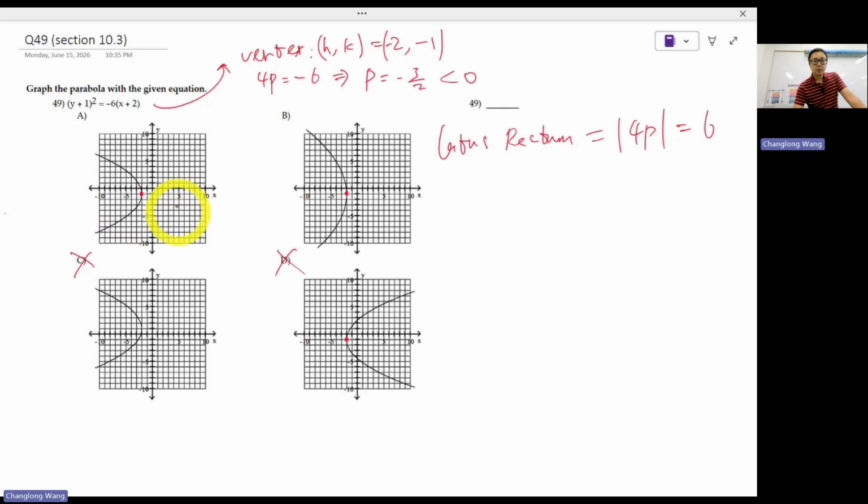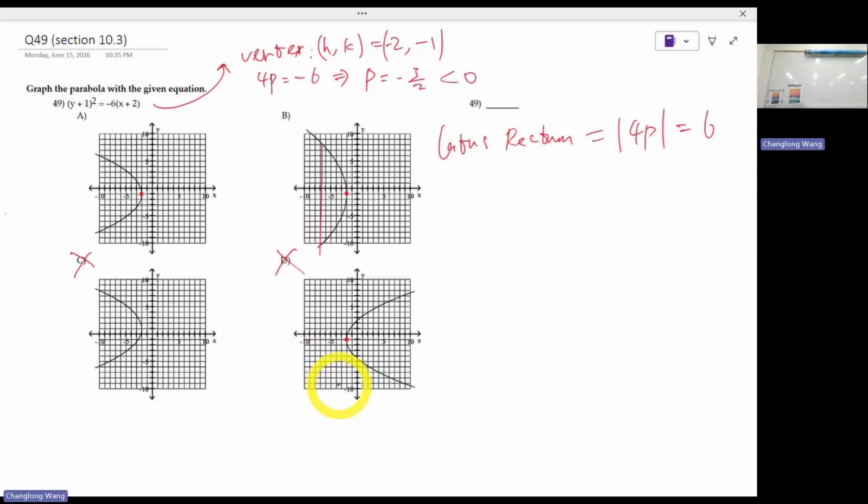Of course, I don't know where the focus is, but it seems that this is way beyond 6 units. Now, if you want the official definition, the latus rectum is a segment that goes through the focus and is perpendicular to the axis of symmetry.